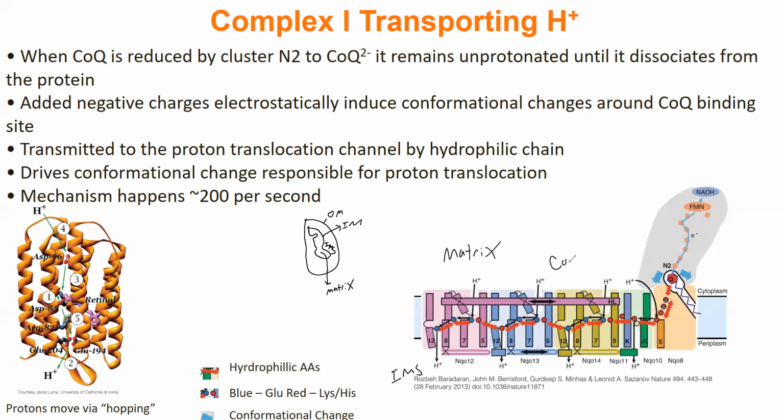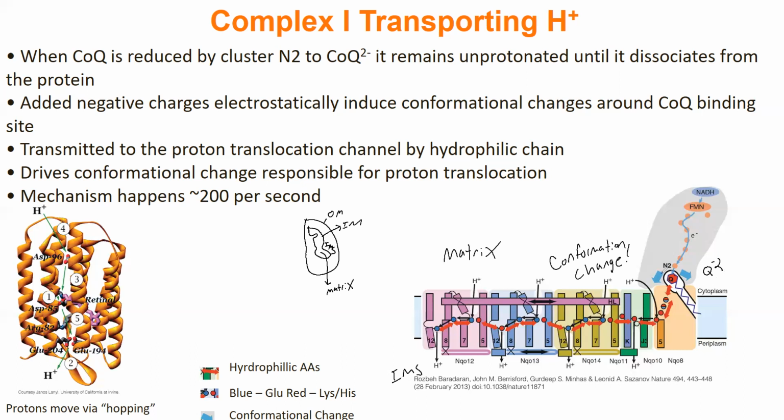It's all due to conformational changes. So what happens is that Q gets 2 electrons, and it will stay in the binding site as this negatively charged Q, Q2 minus.